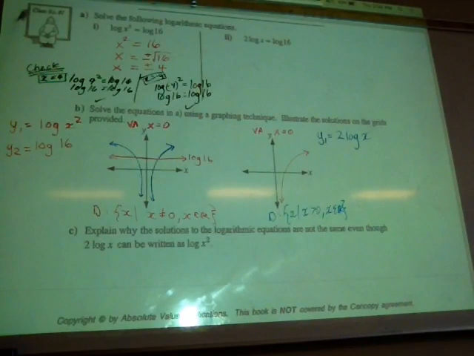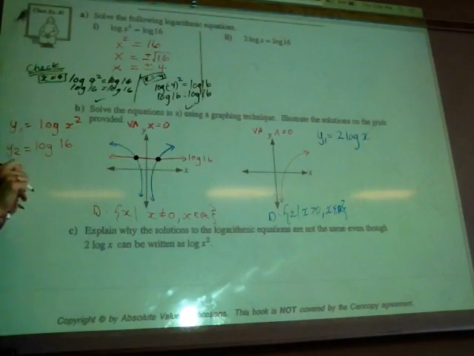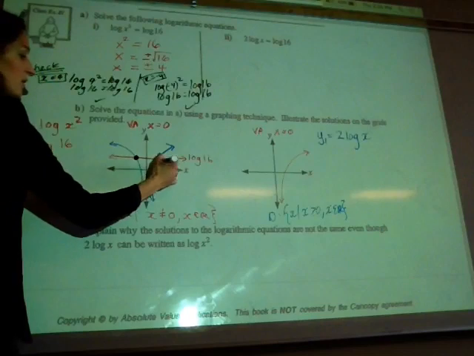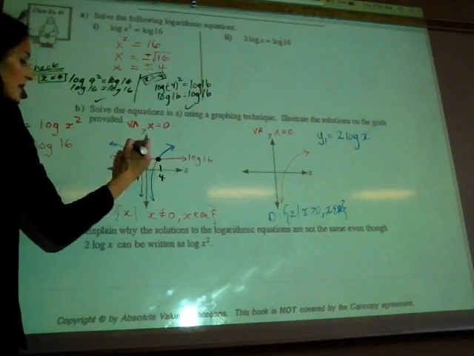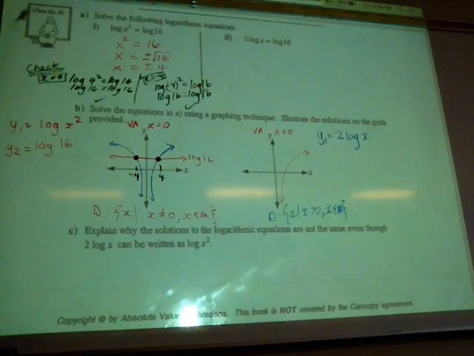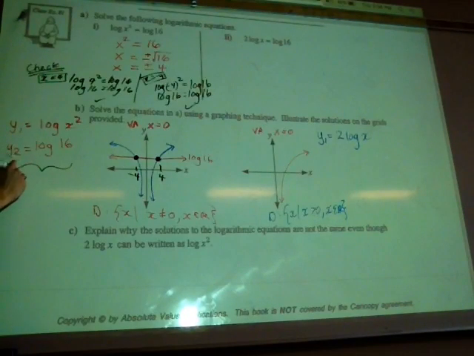The solutions are the intersection points between these two graphs. So you're going to go second trace, number 5 for intersect, and you're going to figure out what are the x coordinates for those intersection points. One solution will be at positive 4, and the other one will be at negative 4. So graphically, we can also solve this question by using the intersection method.